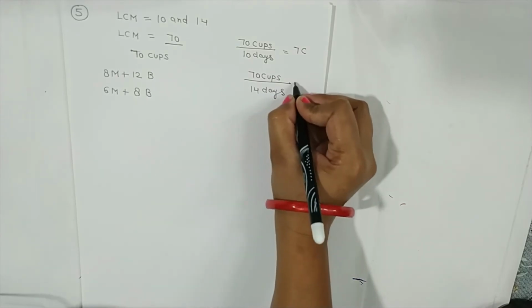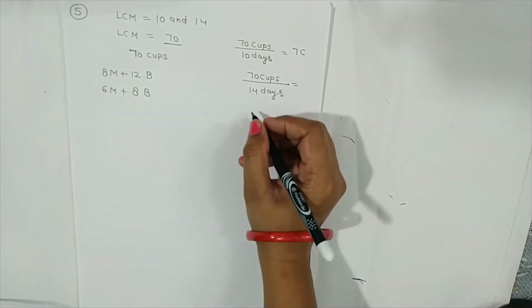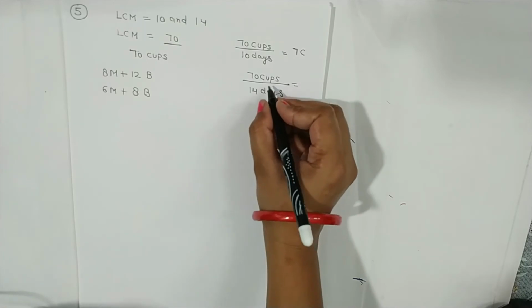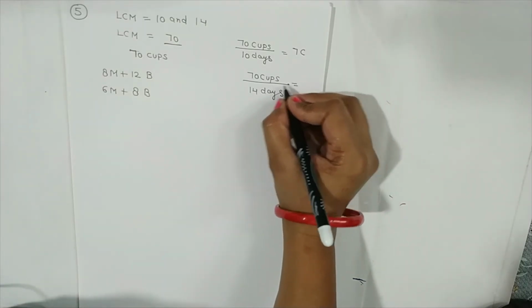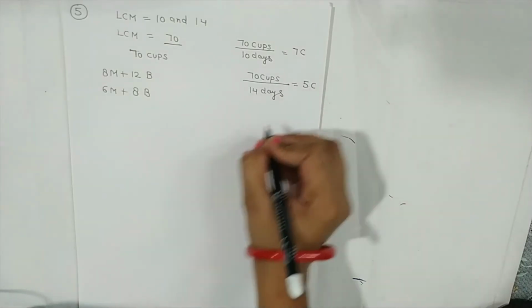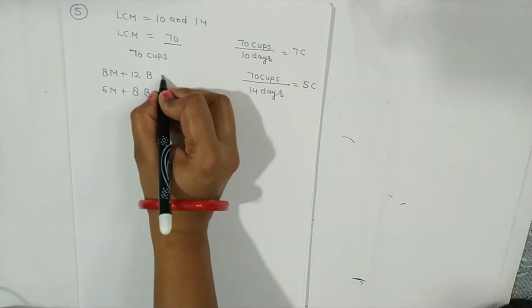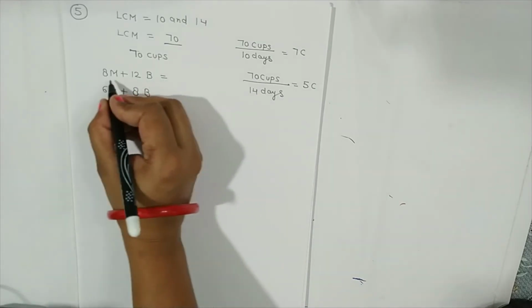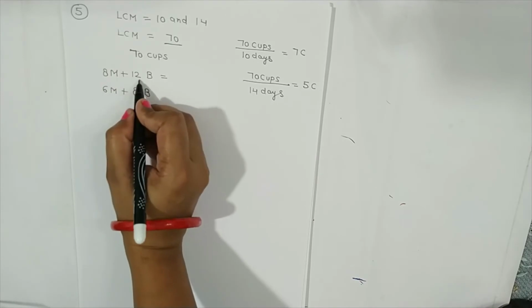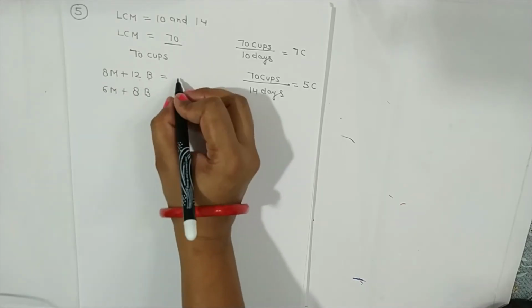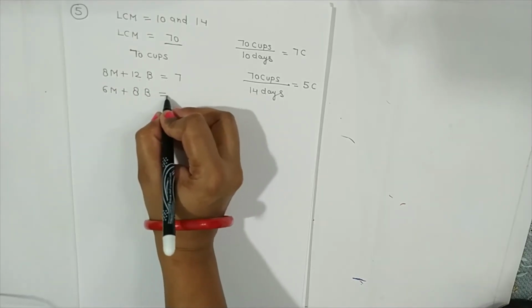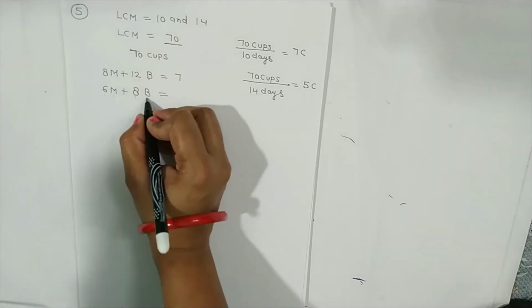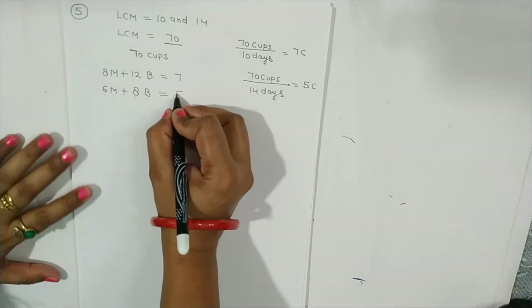So it means in one day they make 5 cups. Now we have to put these values here. It means in one day 8 men and 12 boys make 7 cups and 6 men and 8 boys make 5 cups in a day.